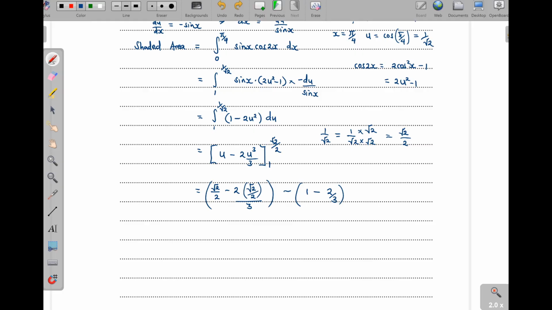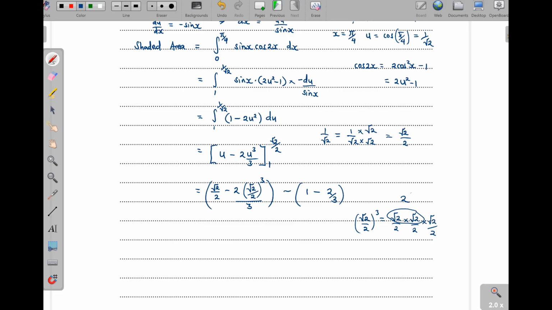Now, of course, there is a cube here. Root 2 over 2 cubed is going to be root 2 over 2 times root of 2 over 2 times root of 2 over 2. Now, root 2 times root 2 gives you a 2. Are we there? This one is giving us a 2.